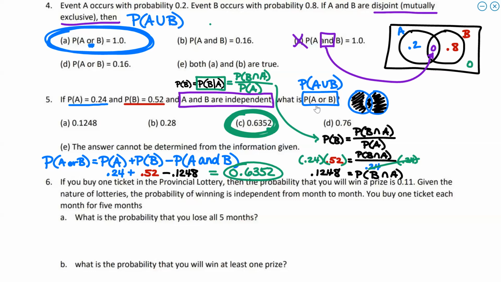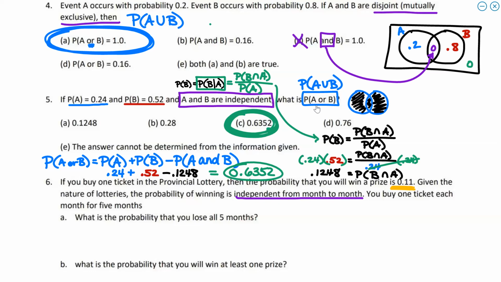Number 6, if you buy one lottery ticket in the provincial lottery, then the probability that you win a prize is 0.11. Pretty small chances. Although for a lottery, I got to say that's actually pretty good. Given the nature of lotteries, the probability of winning is independent from month to month, which means if I didn't lose last month, my chances did not change when I play the next month.